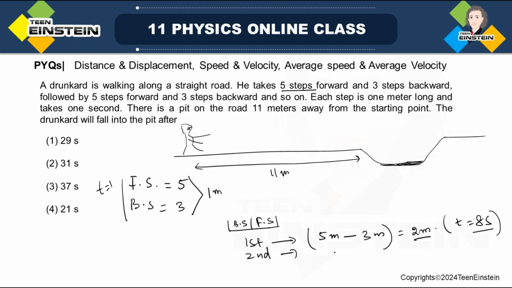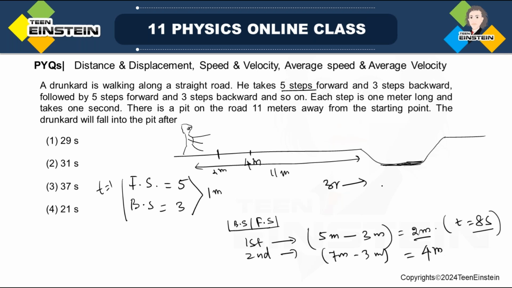The second attempt starts from 2 meters. It goes from 2 to 7 and comes back by 3, so 7 minus 3, that is 4 meters.